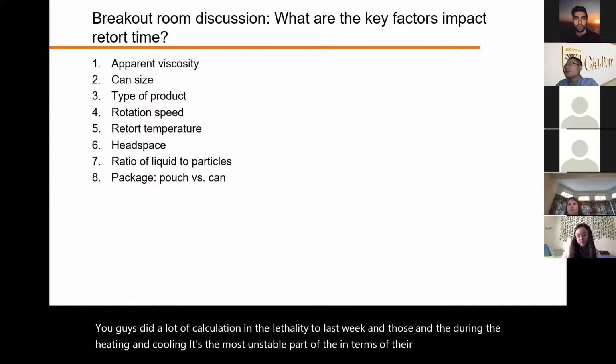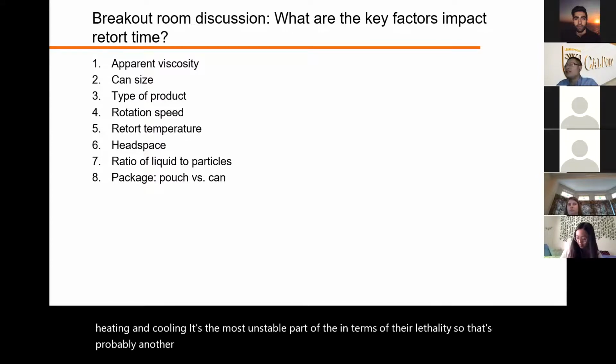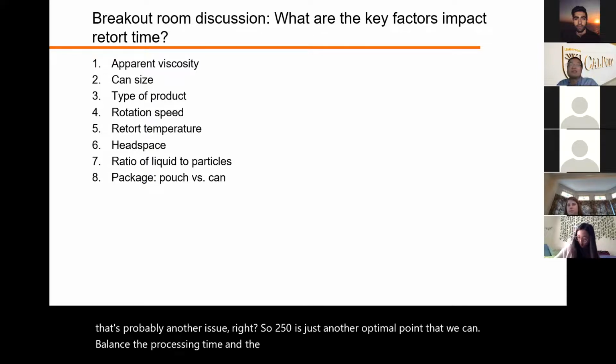So that's probably another issue. So 250 is just another optimal point where we can balance the processing time, the cost, and the stability of this process.